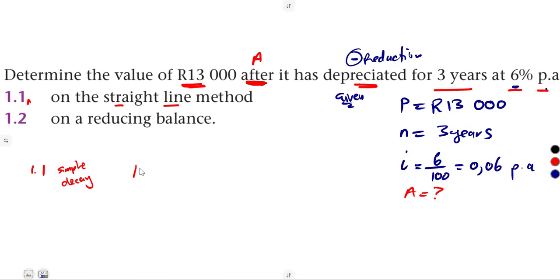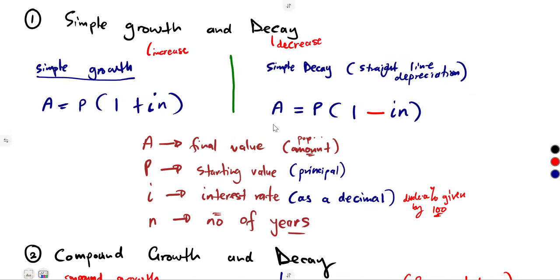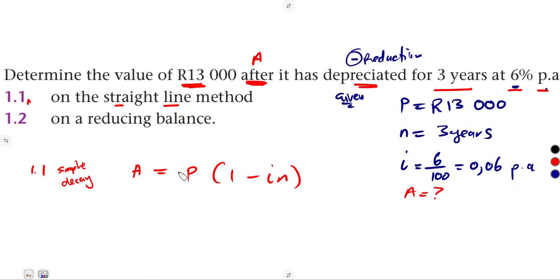So our formula is A is equal to P into 1 minus in. Remember our simple decay here. The amount after, the value after, that is our A. So A is equal to, just substitute, our P is 13,000 rand, 13,000 into 1 minus i as a decimal, 0.06, times the number of years, which is 3.